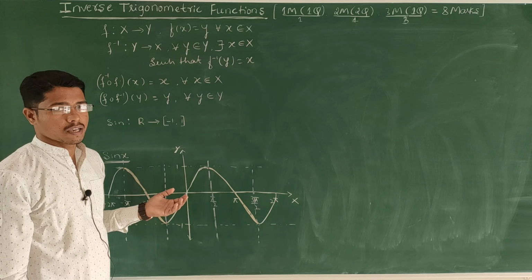Therefore, this is the sine function from R to minus 1 comma 1.